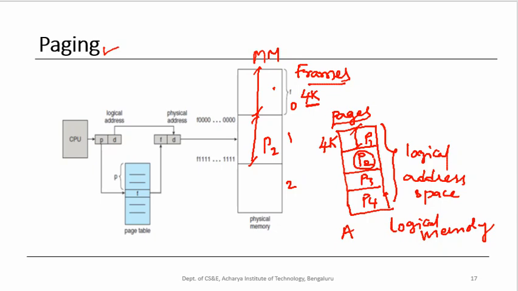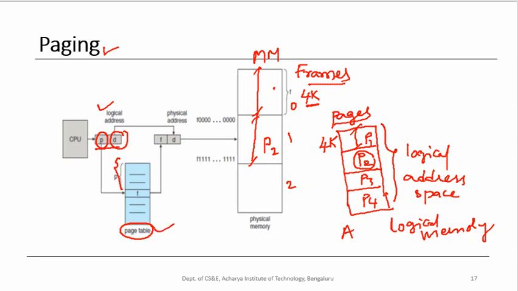Now in order to locate the pages in the frame, the CPU generates a logical address which will have two parts, P and D. P is used to index into a data structure called the page table.